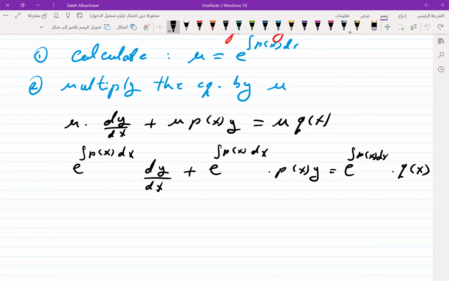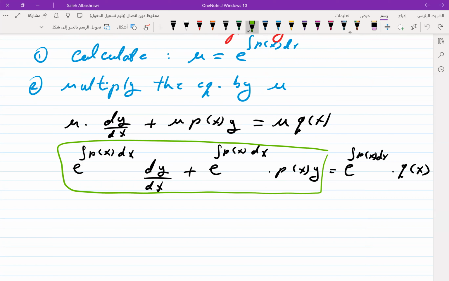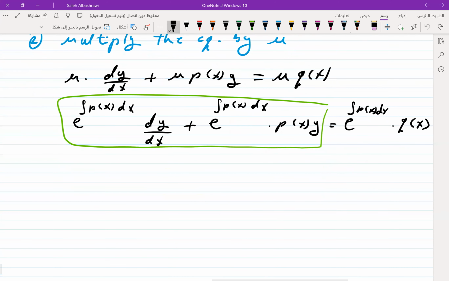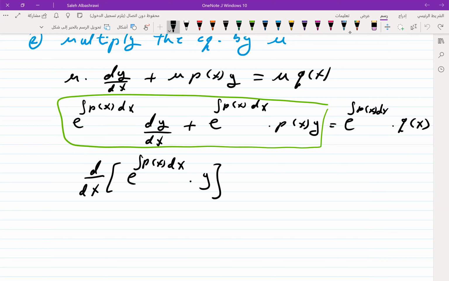But we notice one thing: the left-hand side can be written as the derivative of a product of two functions, if we apply the product rule. The left-hand side is just the derivative of the product of these two functions.